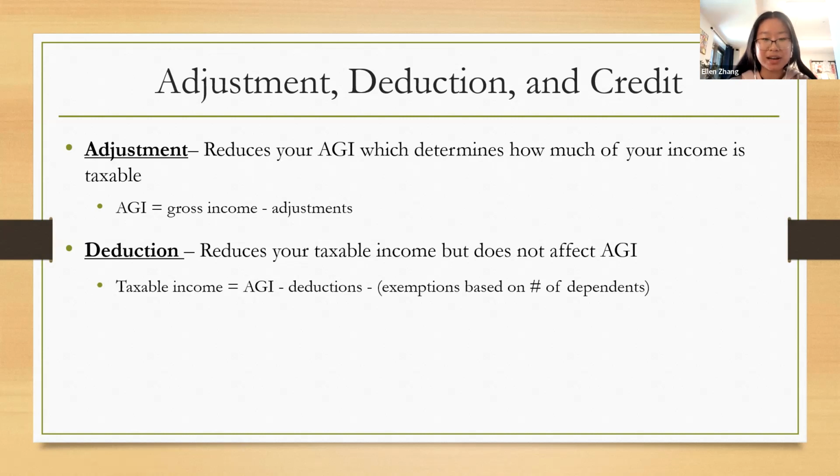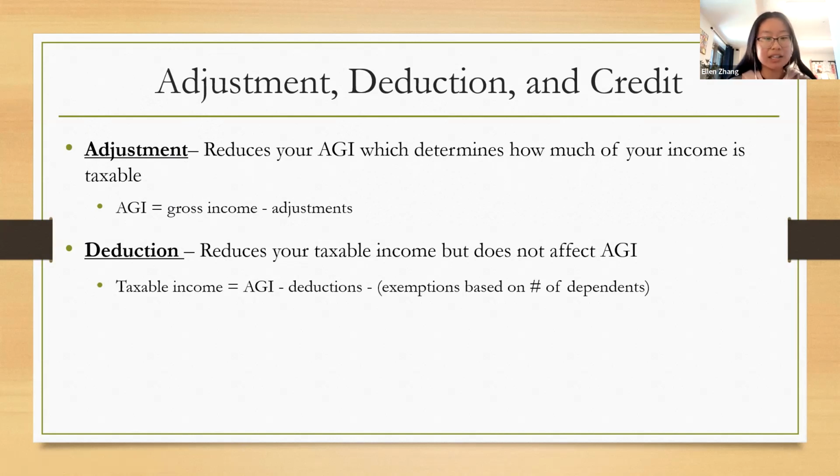Like if you have above this amount of AGI, you're not eligible to take this credit. So in this sense, an adjustment might be more beneficial to you than a deduction, but since adjustments are pretty rare, it might be more difficult to get an adjustment than a deduction.